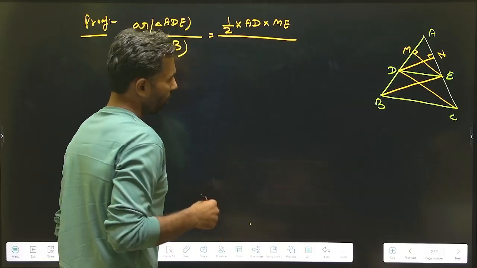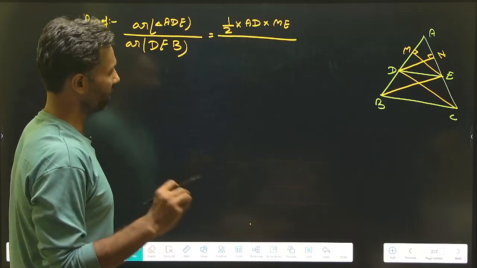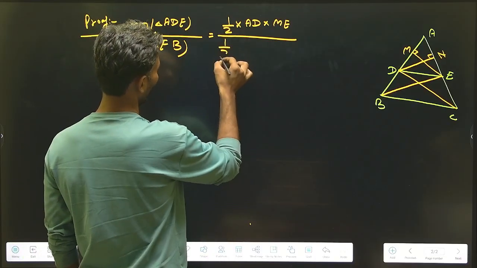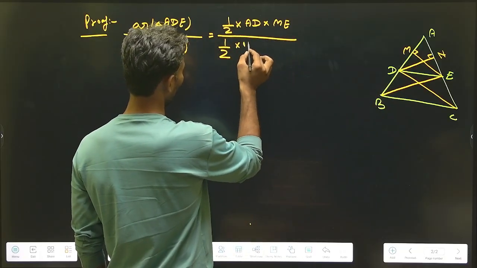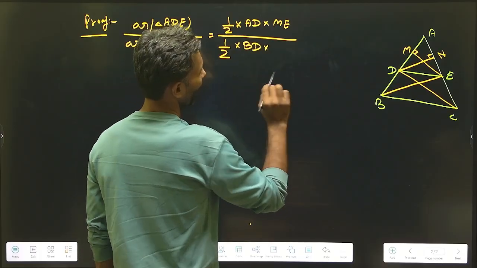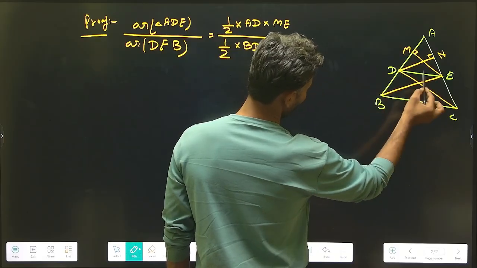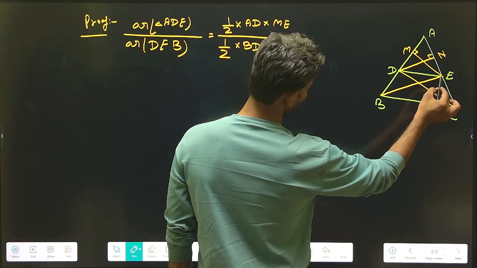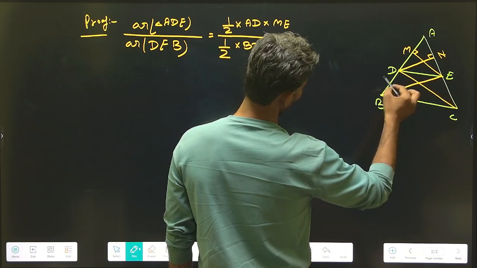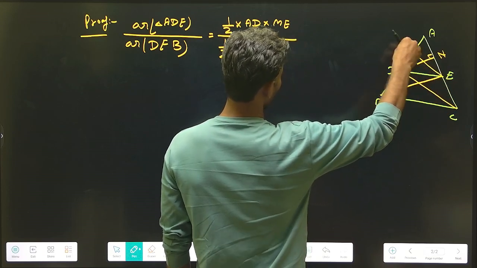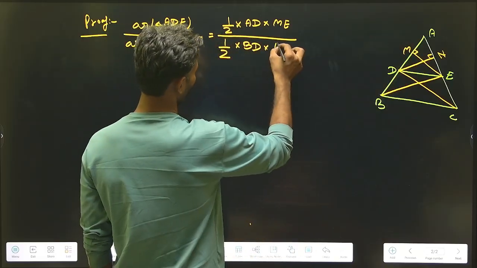In the same way, we can say that the area of triangle DEB will be equal to 1/2, BD is the base, and ME is the height, because BED is a triangle, and from the vertex a perpendicular is drawn, but the triangle is an obtuse angle triangle, so the perpendicular meets the opposite side outside the triangle, so we take ME over here.